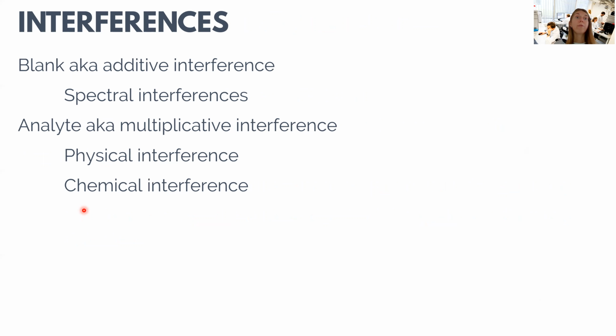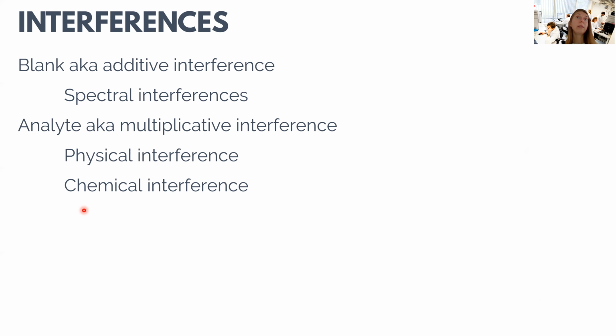Now, we also have to consider that there are different interferences that may occur in atomic emission spectroscopy, and these can be divided broadly into either blank or additive interferences, or analyte or multiplicative interferences.